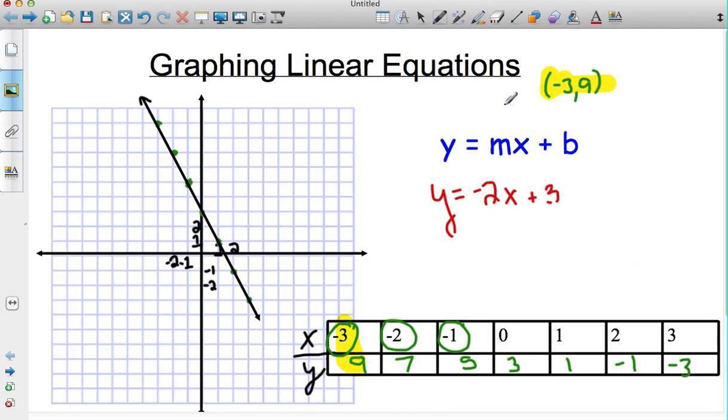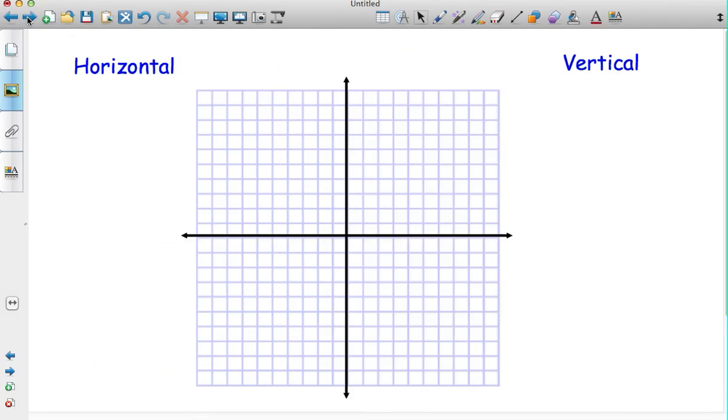So that's essentially how you graph a linear equation in the basic form, y equals mx plus b, which we'll talk a little bit more about, what those numbers and letters mean. I have 2 quick examples, and these are the horizontal lines and the vertical lines.